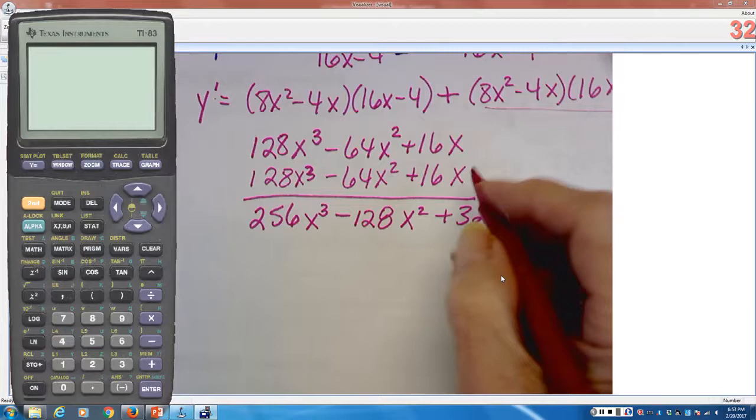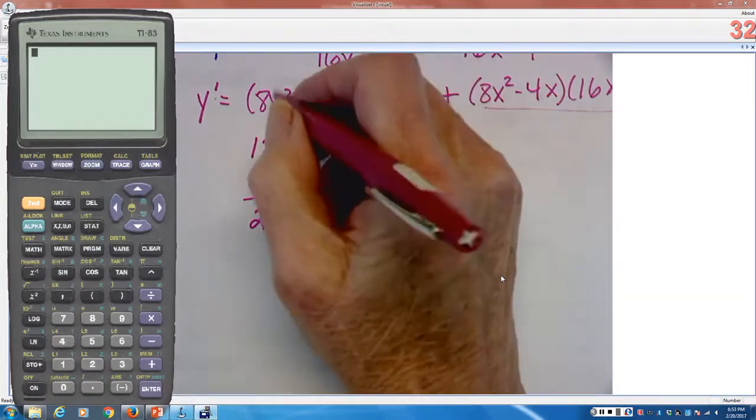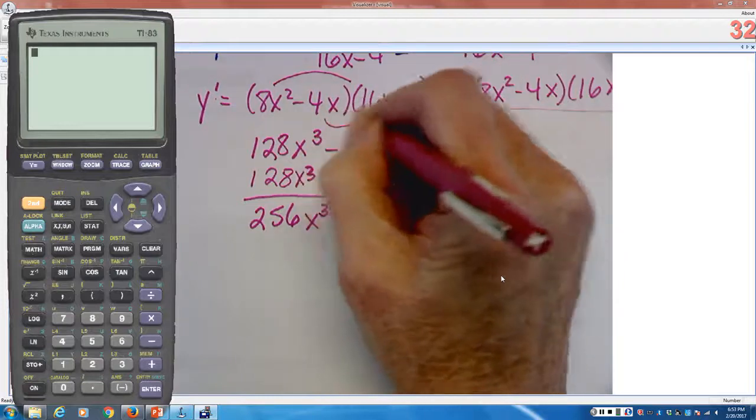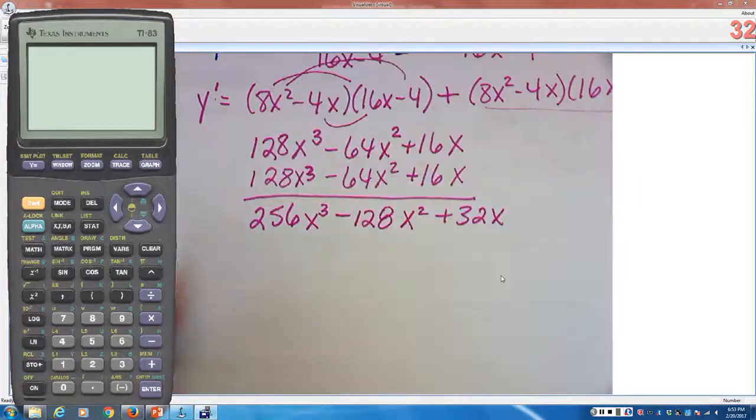The first and the last. Because I did this one times this one, and this one times this one, but I didn't do the first and the last, you're right.